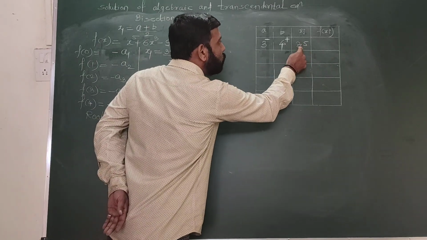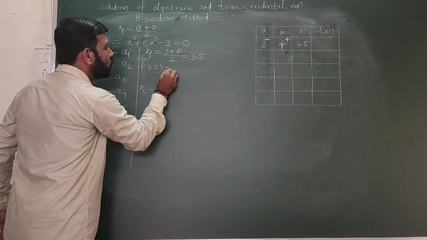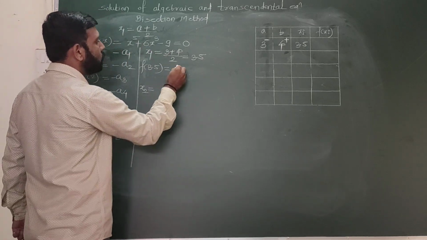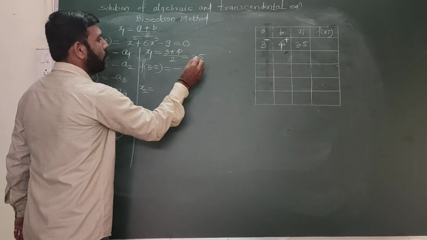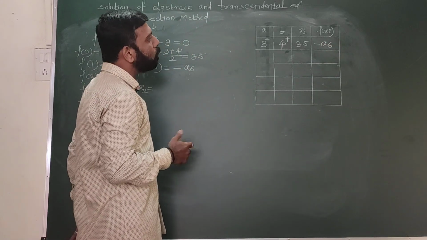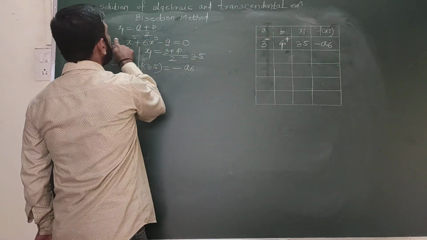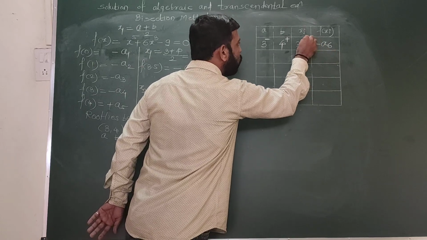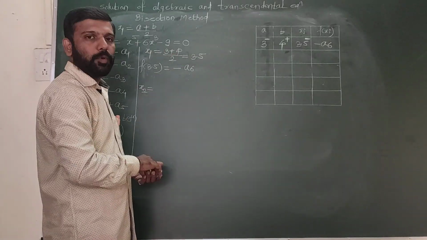Now we require the symbol for 3.5, so substitute this 3.5 in the polynomial, and suppose that value is minus A6. This x1 value 3.5 is substituted in the polynomial, and we got a minus sign. So that minus becomes the symbol for 3.5.